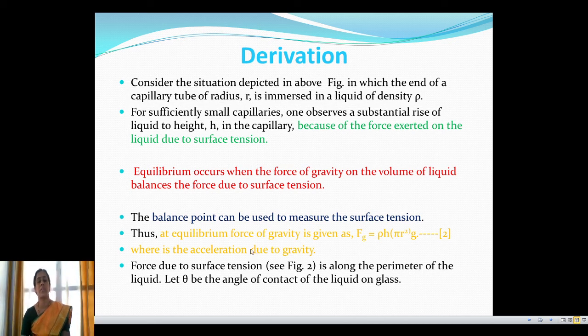Force due to surface tension is along the perimeter of the liquid. Therefore, suppose theta is the acute angle of contact of the liquid on the glass.